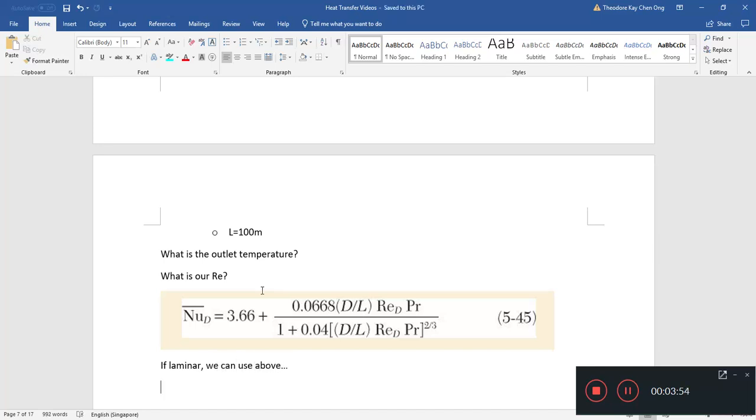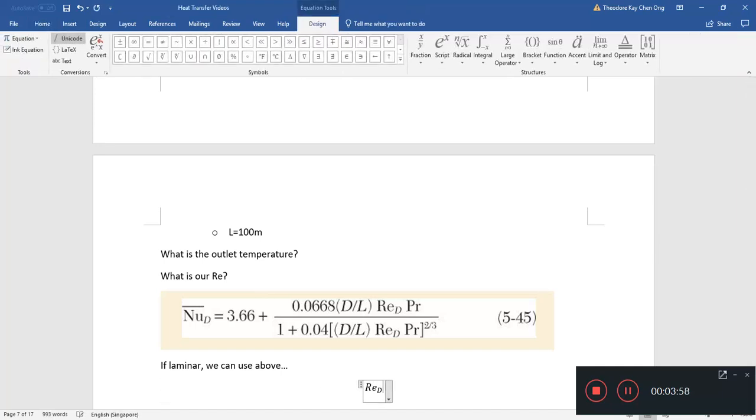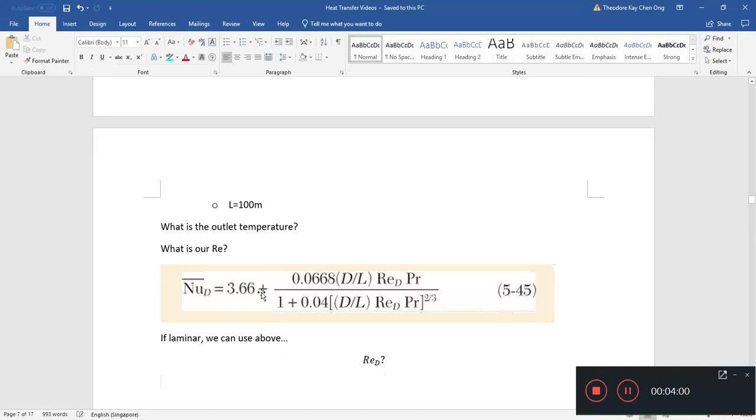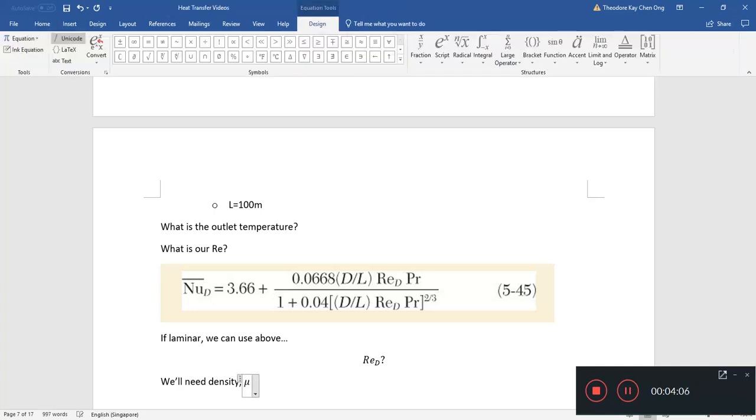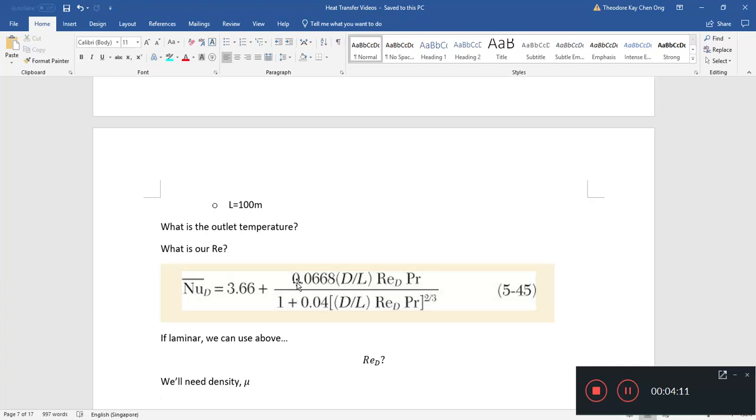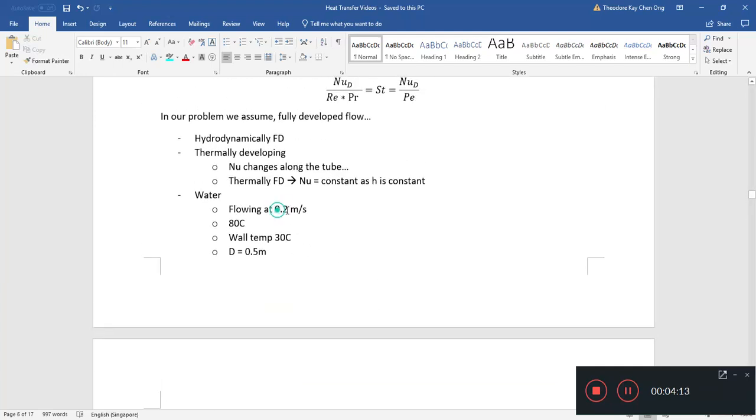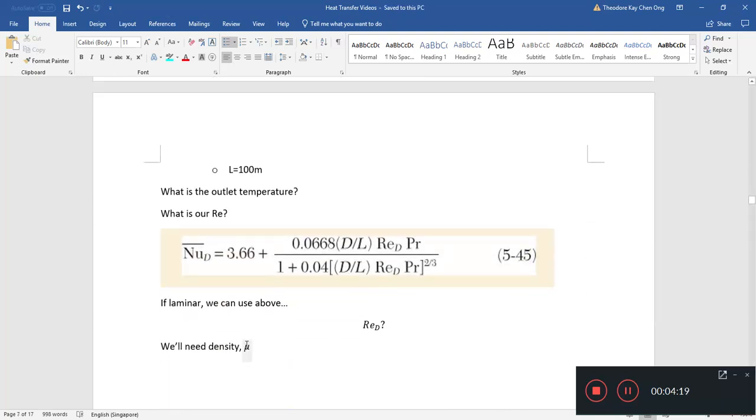All right, so what's our Reynolds number? So we'll need density, viscosity, and the fluid velocity, which is the average. Now fluid velocity we have already, so let's find some density.